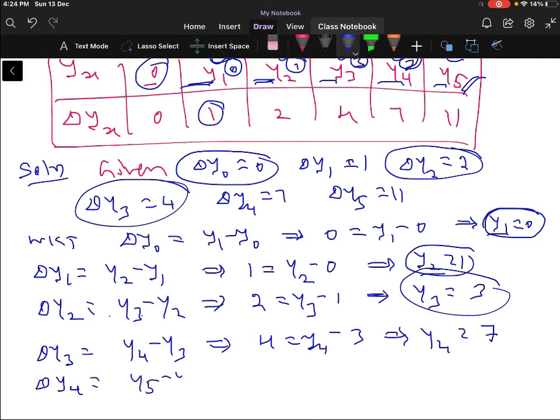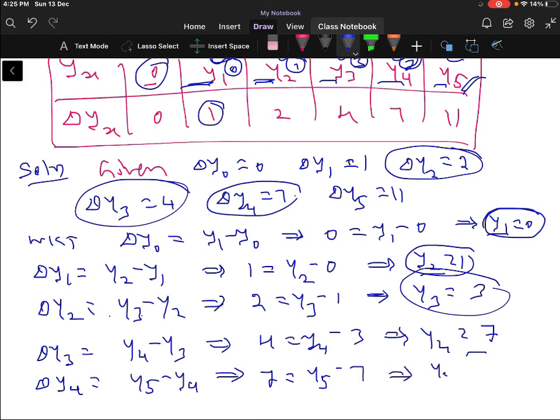Delta y4 is equal to y5 minus y4. Delta y4 is 7, so 7 is equal to y5 minus y4. y4 is 7, so this implies y5 is equal to 14.